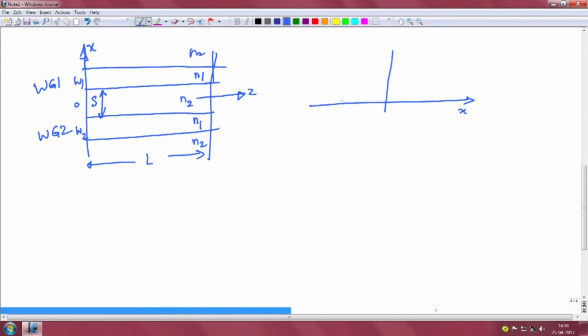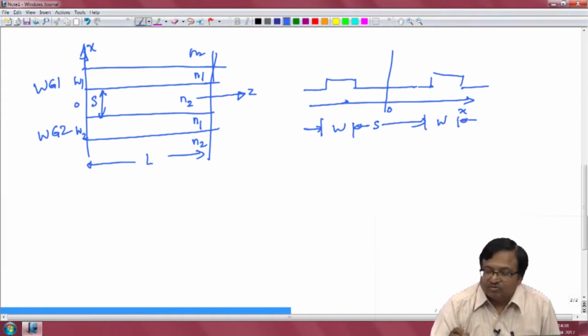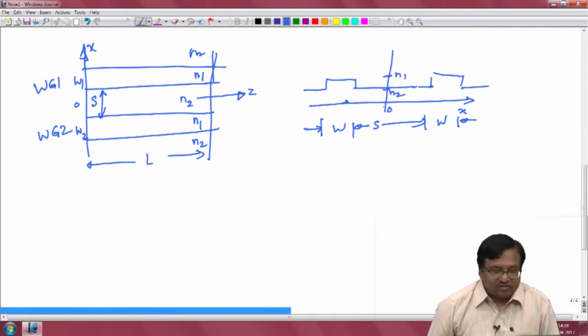So, we can write the refractive index profile as follows: the origin, the spacing s, the width w, and so on. The refractive index in the core is N1, and outside it is N2.